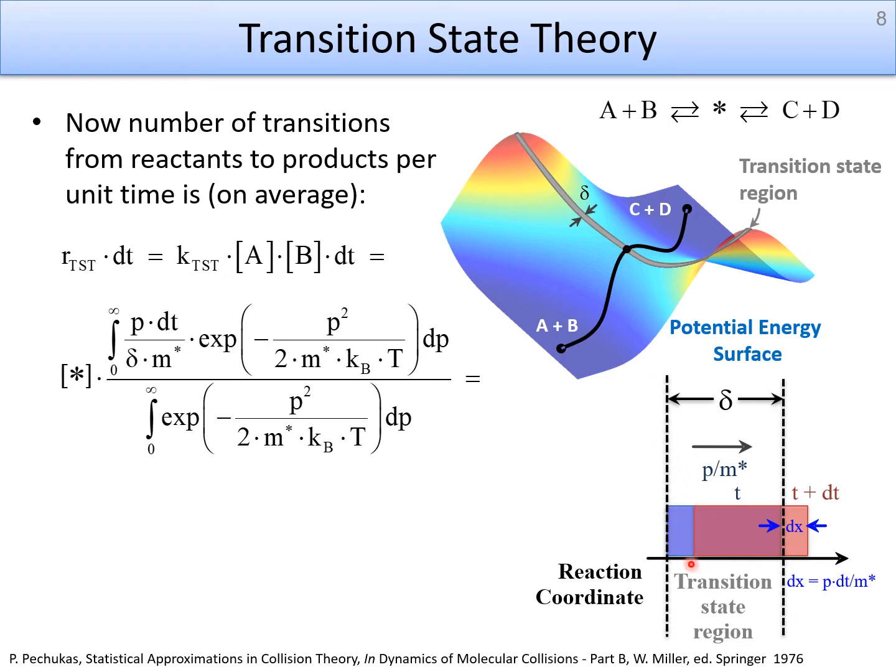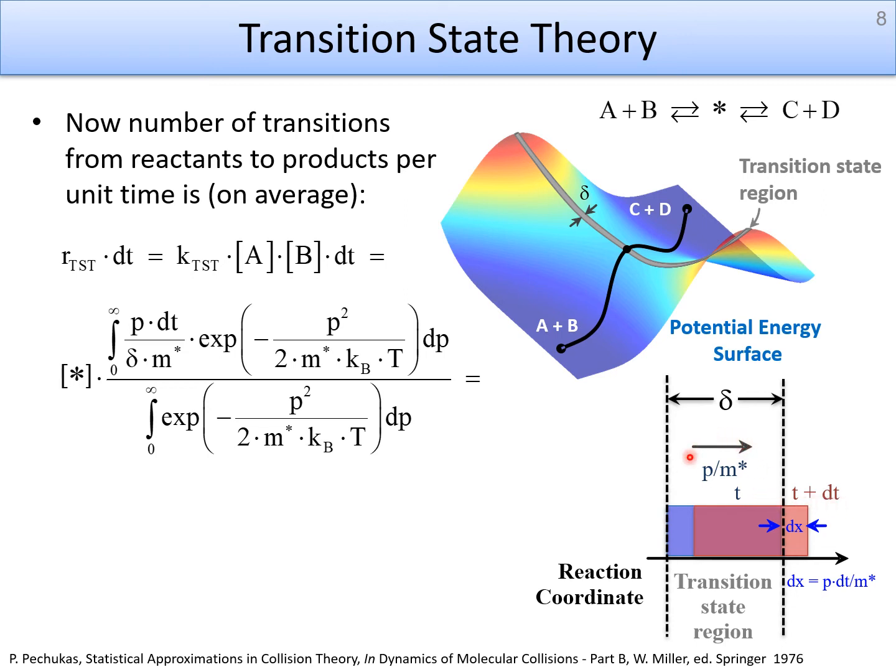So we're sitting on top of the transition state, right? So this is our delta, the thickness of the transition state. The reaction coordinate is along this direction. And this is the probability that we find our system in the transition state region. So this probability moves with some velocity towards the products region.